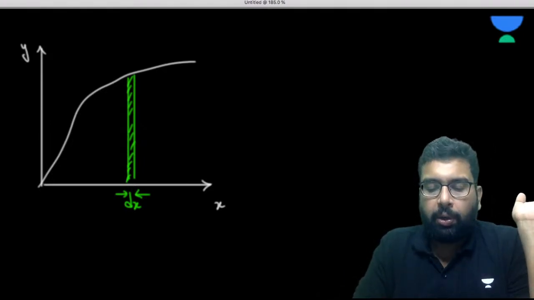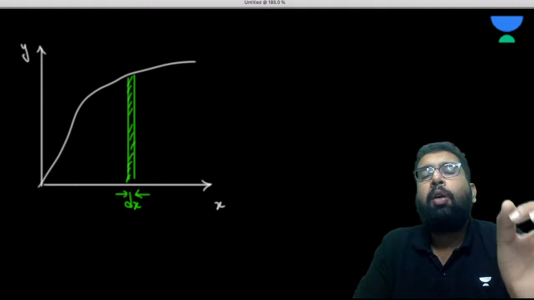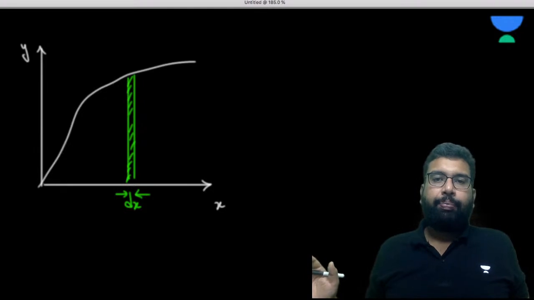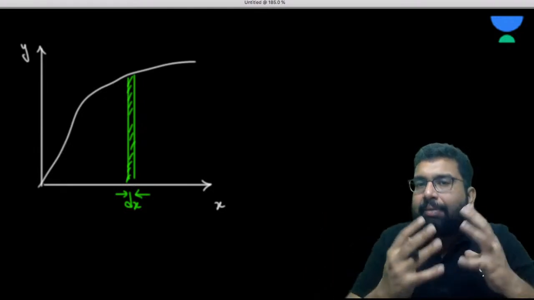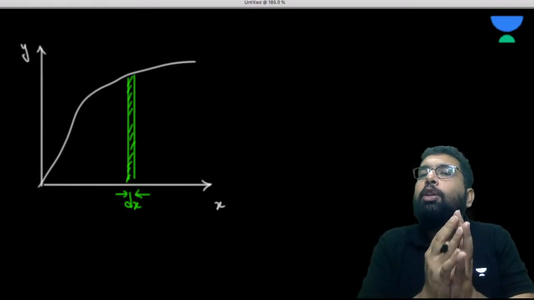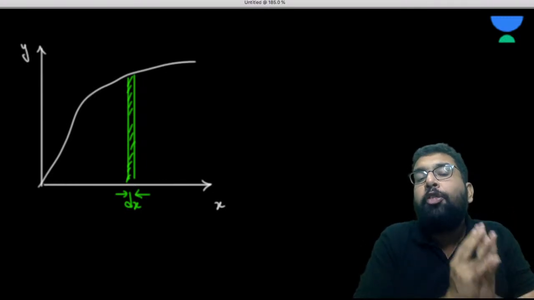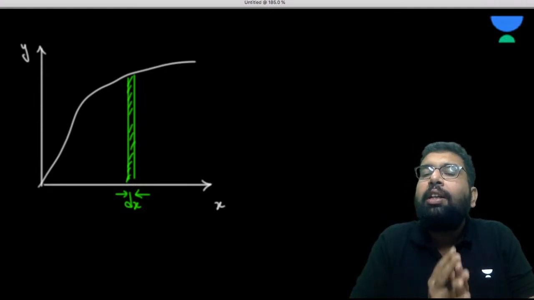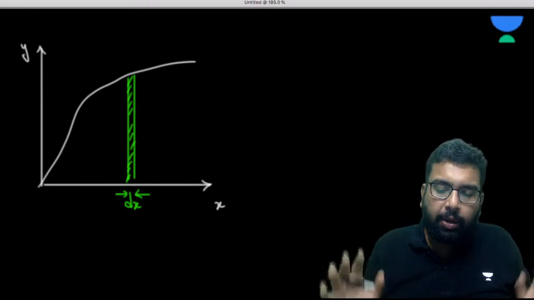If I divide this particular area under the curve into infinitely many such strips, then adding the areas of each of the strips will give you the area under the curve. Do you agree to it or not?